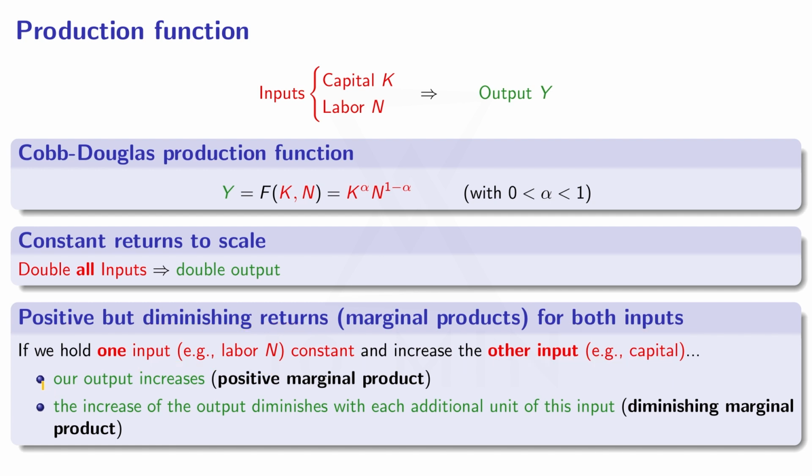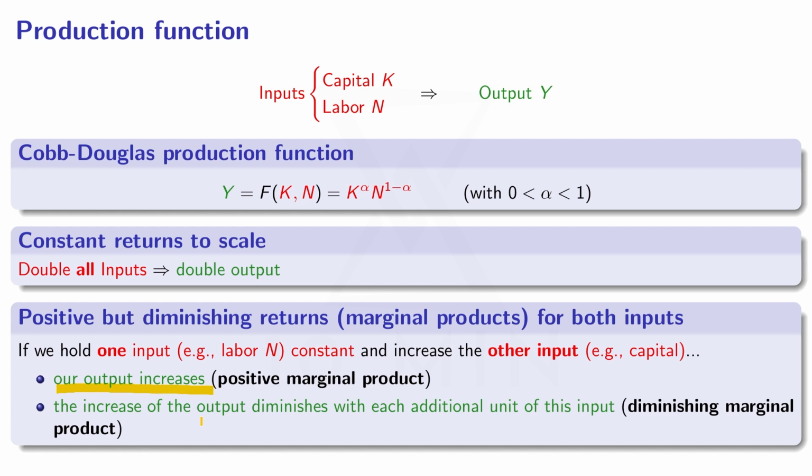So if we now hold the number of workers constant and increase the number of machines, the amount of capital that we use, then each additional unit of capital has a positive effect on our output, on our production Y. And this is called the positive marginal product of capital. If we increase the amount of capital that we use, we increase the output. However, this positive effect of additional capital on the output that we produce, that gets weaker and weaker and weaker the more capital we already have.